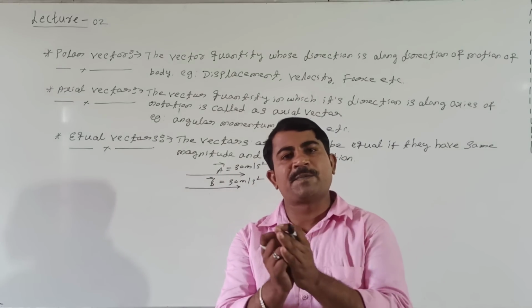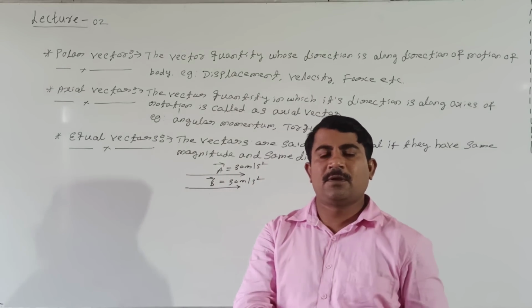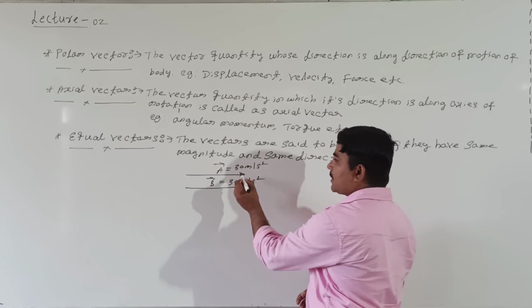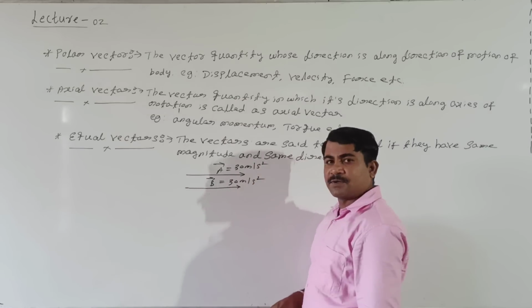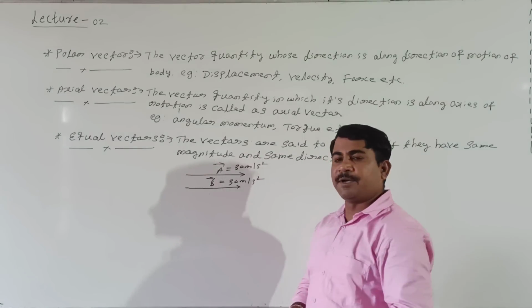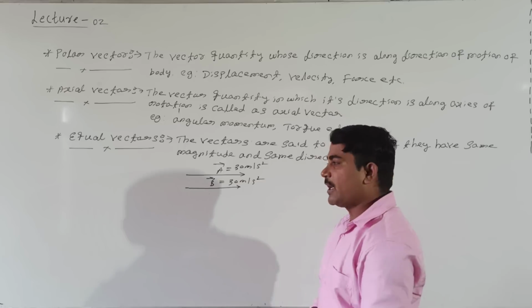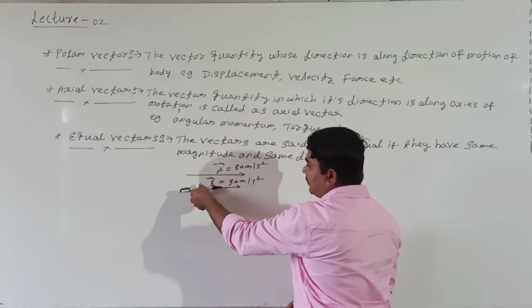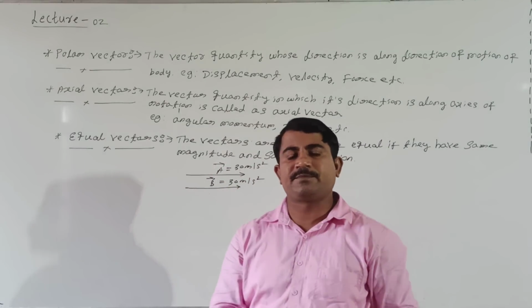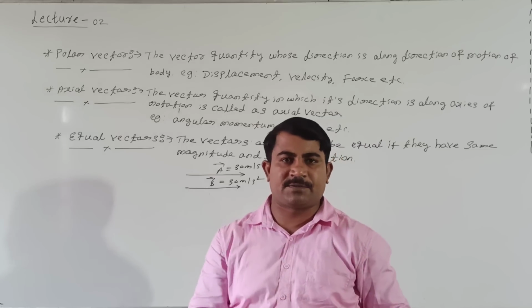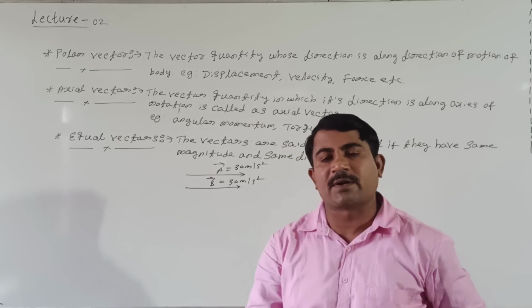Two vectors of same magnitude and same direction. Magnitude means value here. A vector has magnitude 30 meter per second square and B vector also has 30 meter per second square, same magnitude. Then look at the direction. The direction of this vector and this vector are the same. Such vectors we are calling equal vectors.